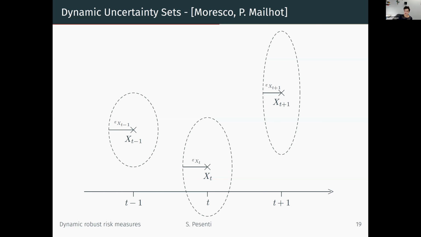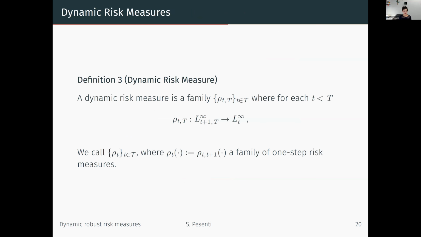If you're uncertain about x t, the uncertainty around x t could contain all the alternative random variables that you would consider. So here, really, for the dynamic uncertainty set, at every point in time you have such an uncertainty set.